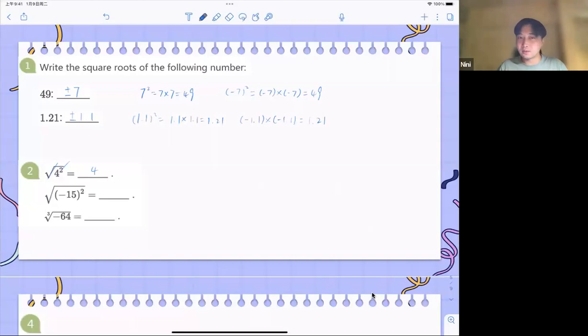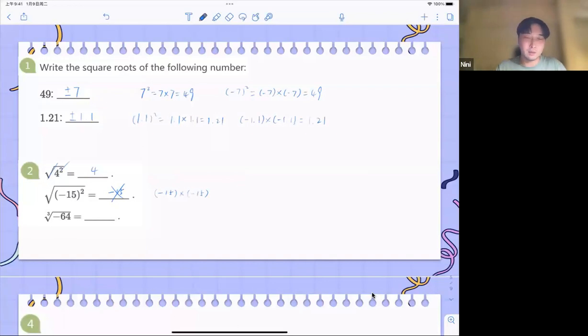Can we do this for our next one, the minus 15? Can we directly write it as minus 15? No, we cannot do that. Why? Because there is a procedure of operation. So we need to first calculate the value inside the square root. That means for this case, what we need to do firstly is to calculate minus 15 multiplied by minus 15, right?